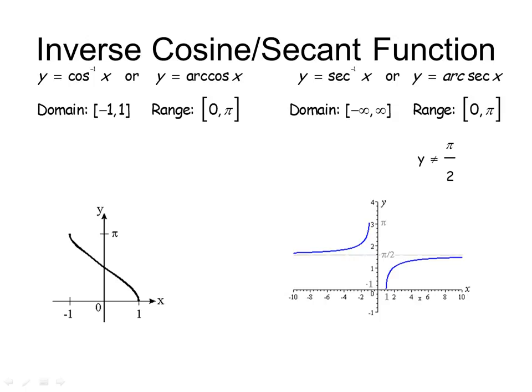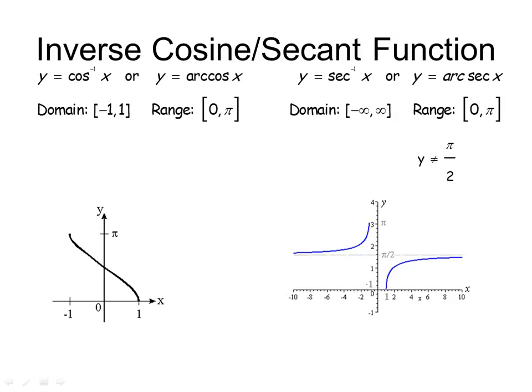Because if you don't, that's when you draw the horizontal line, because remember, the cosine function goes like this. And in order to have an inverse function, you have to be able to draw a horizontal line. And you can't do it. So you have to use only from 0 to pi.